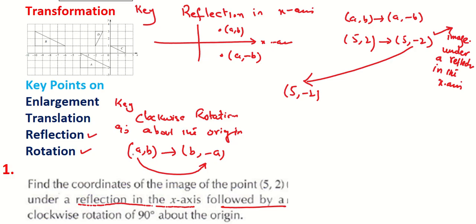Change the sign of a: if it is positive, then make it negative, and interchange the two, giving (b, -a).